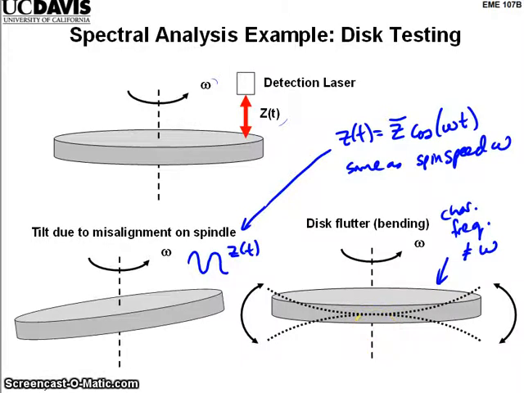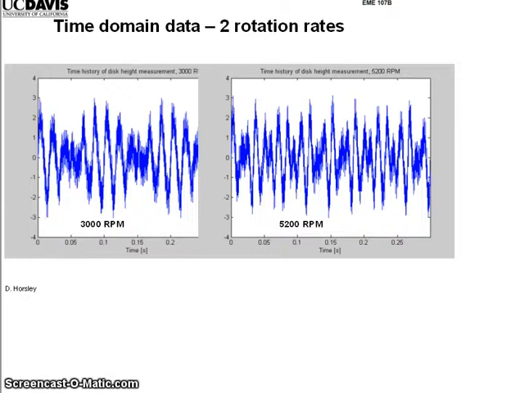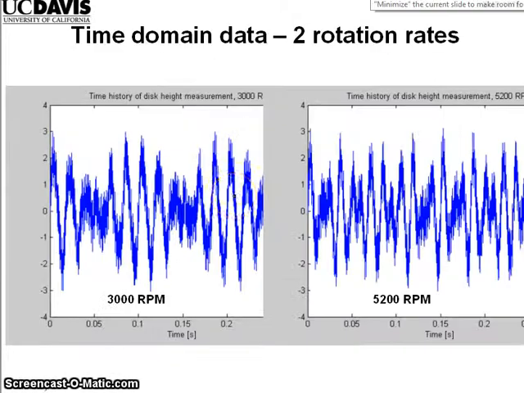So I have some measurement data, it happens, from a rotating disk, taken at 2 different rotation rates. I've got a time history of the disk height measurement. Let me zoom in a little bit so it's more readable. This is basically my z of t, with time in seconds on the x-axis and z of t on the y-axis.